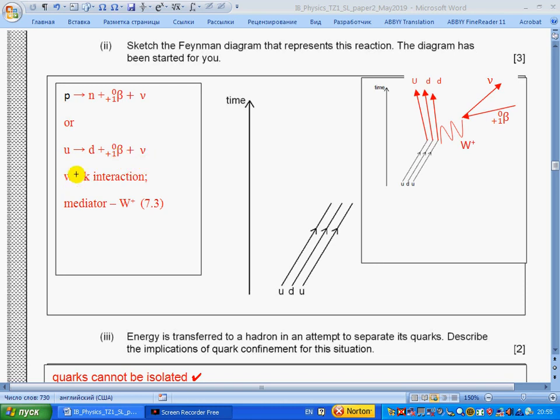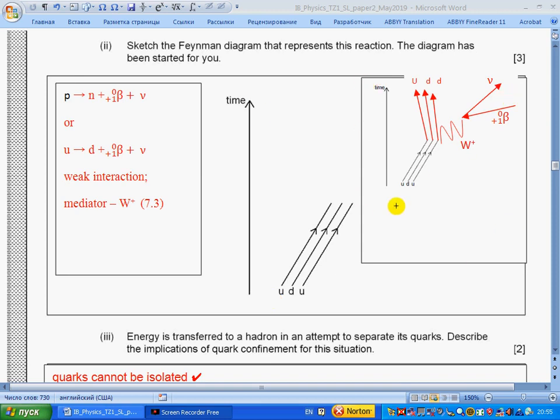So we have here decay, and decay is accompanied by weak interaction, and the mediator is the W boson, and here it will be a W plus boson. Why? Because up is positive, down is negative, so we should have positive charge going away. So I copied this diagram in here.